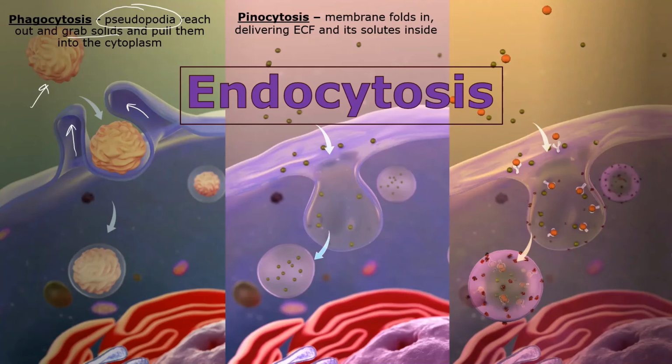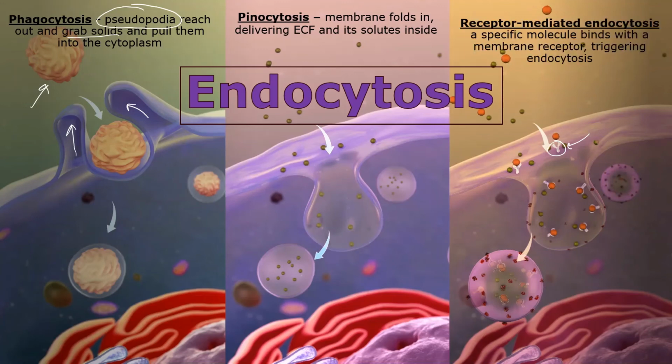And the other one here is kind of a giveaway if we look at these little teeny tiny Y-shaped structures that I've drawn in several of my pictures. These are receptors, and they're found on the surface of cells. And so this is called receptor-mediated endocytosis. Endocytosis that requires some sort of receptor to help mediate the process, right? So some sort of specific molecule, could be a hormone, could be a neurotransmitter, could be all kinds of different things, binds with a receptor, and this triggers the endocytotic process.